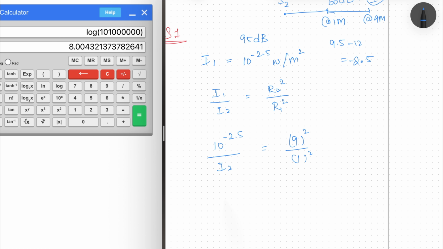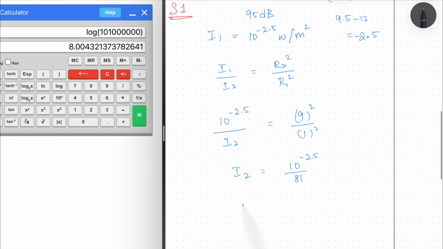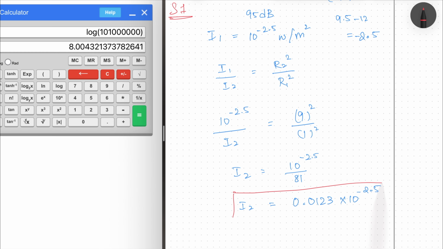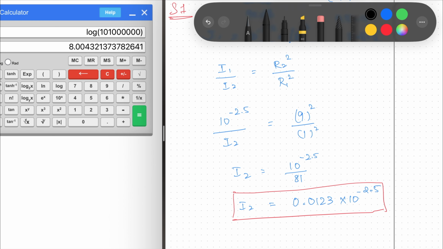So you'll get I2 is equal to 10 to the power minus 2.5 by 81, right? And you can write I2 is equal to 1 by 81. If you divide, you'll get 0.0123 into 10 to the power minus 2.5. And this is the sound intensity of point source S1 at 9 meters.